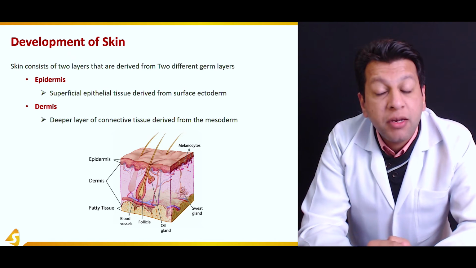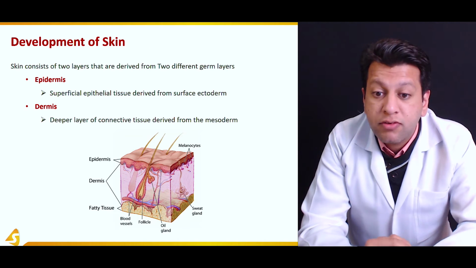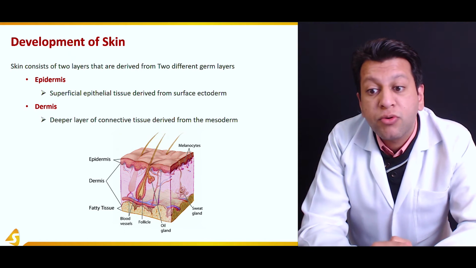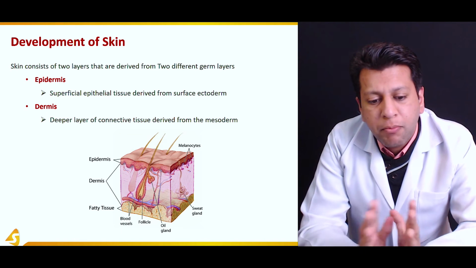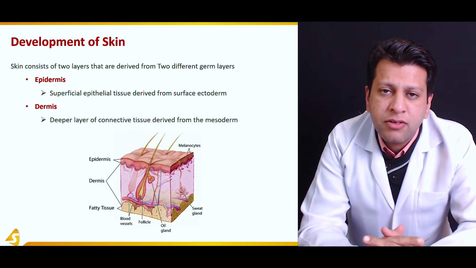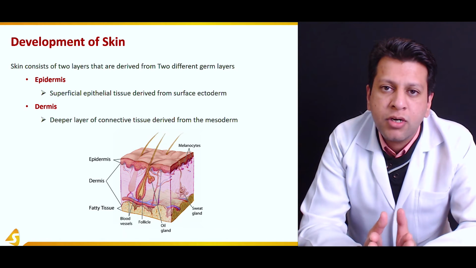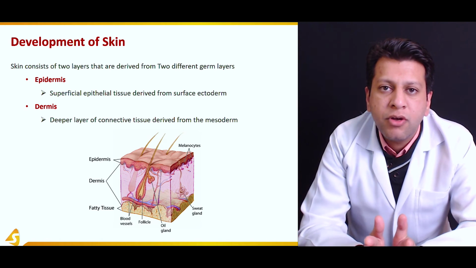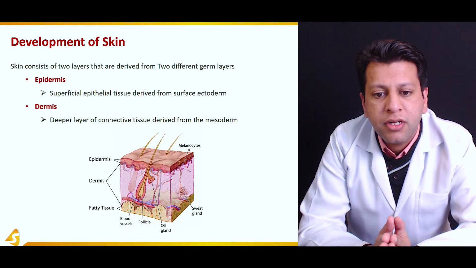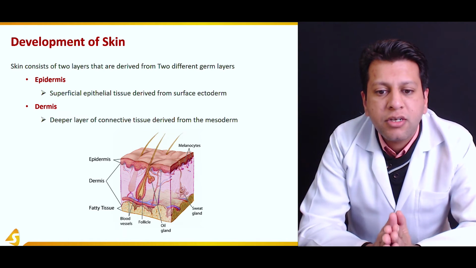So coming to the development of the skin, it consists of two layers that are derived from two different germ layers. In my previous lectures, we have discussed in detail what is epidermis, what is ectoderm, what is mesoderm, and what is endoderm. The epidermis is derived from superficial epithelial tissue derived from the surface ectoderm.